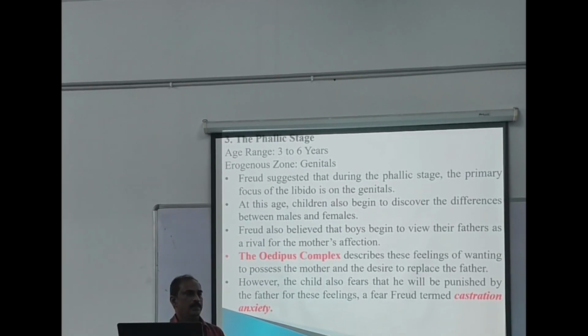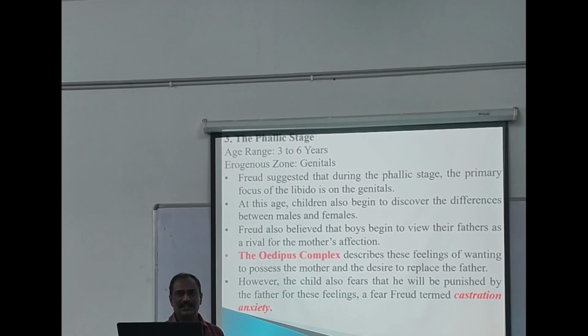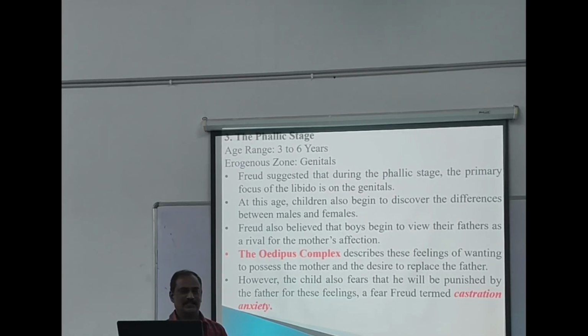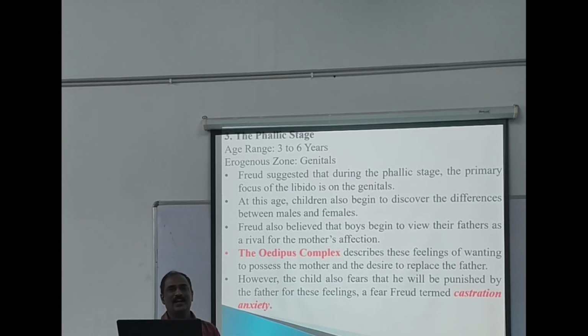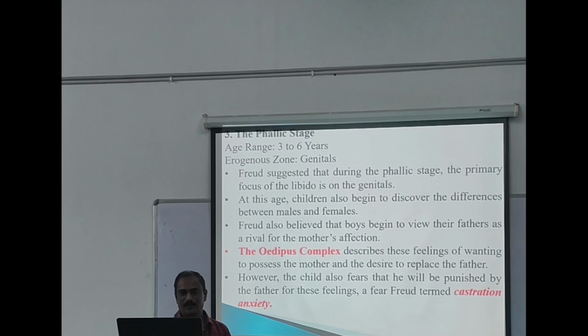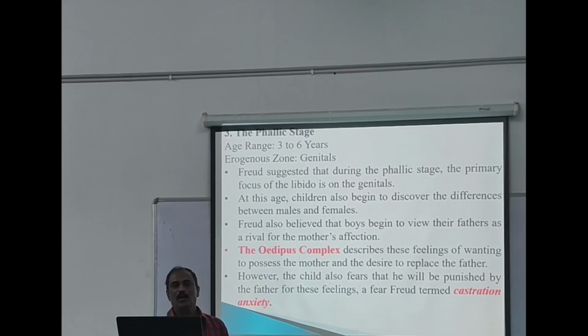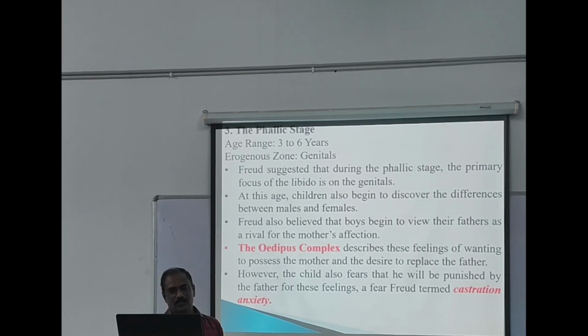So if you see a baby touches the genitals at this age and satisfies his sexual trait, he always keeps his hand there. So we put a diaper, we put underwear on them. If you are a mother, you will know, and if you are already a mother, you will understand.